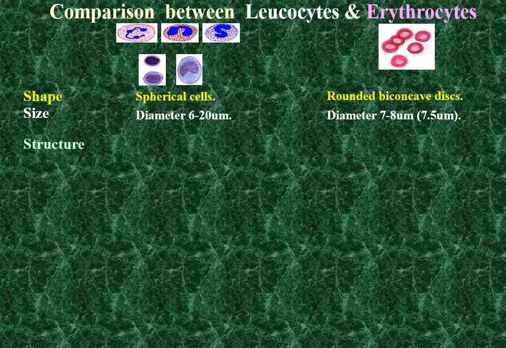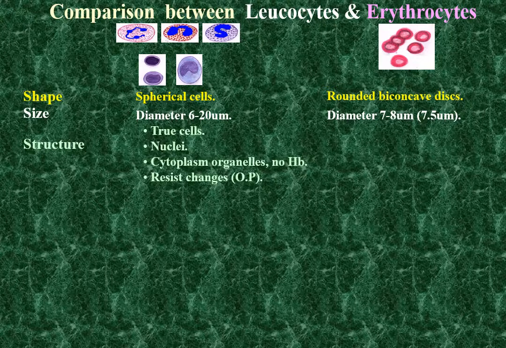Structure: leukocytes are true cells. They have nuclei. Their cytoplasm contains organelles, but no hemoglobin. Their cell membrane resists changes in osmotic pressure. On the other hand, erythrocytes are not true cells, but merely corpuscles. They have no nuclei.